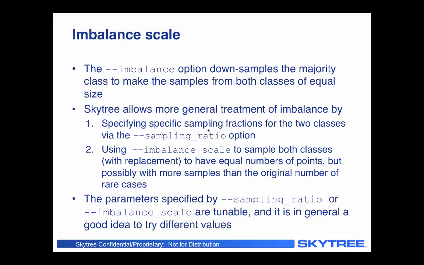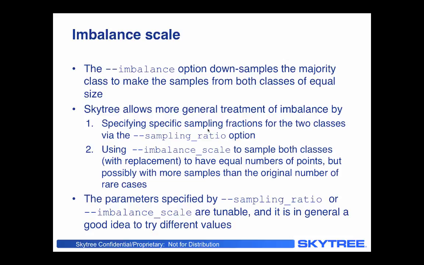So by default, the imbalance option downsamples the majority class to make the two classes of equal size, and then it performs the training. But Skytree also provides the user with more detailed control over the treatment of imbalance. It does this by using the imbalance scale option or the sampling ratio option. The sampling ratio option allows the user to specify specific sampling ratios for the two classes.